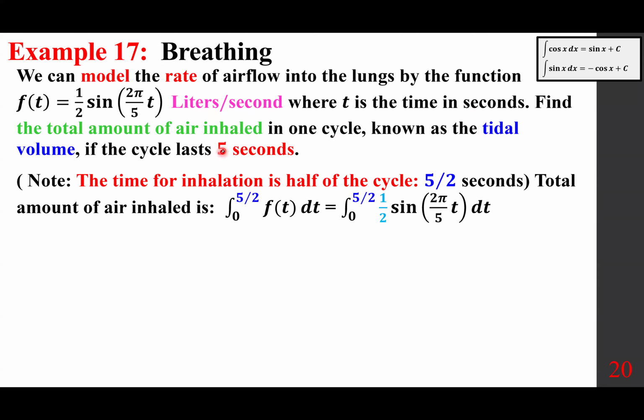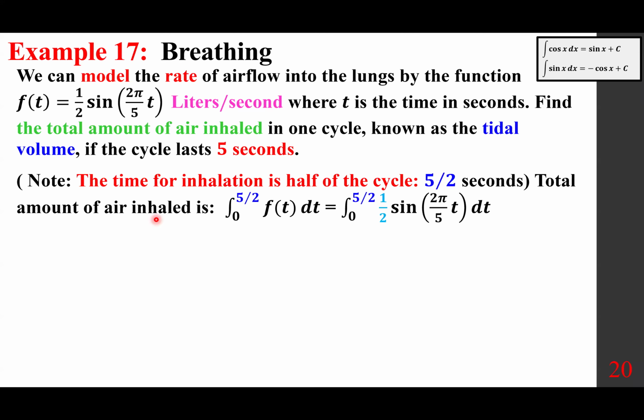Remember, it takes 5 seconds, the entire thing, in and out. Therefore, the time for inhalation is half of the cycle. So if it takes 5 seconds, 5 halves seconds is for in, 5 halves seconds is for out.